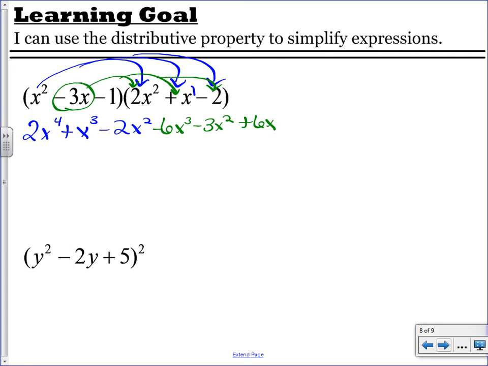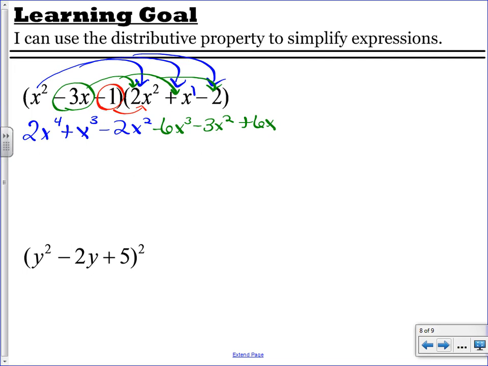So, Laura, what do you think I'm going to do with this last term? Multiply with the 2 and the x and the 2. Good. So I take negative 1 times 2x squared. What do I get with that, Nick? Negative 2x squared.